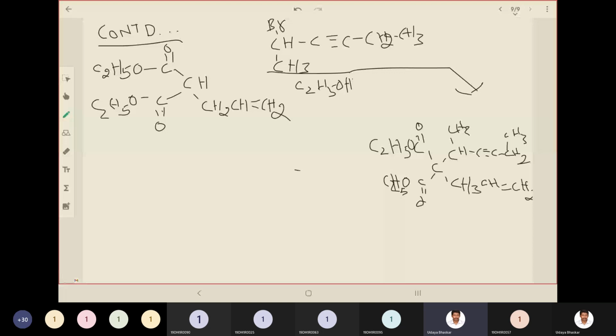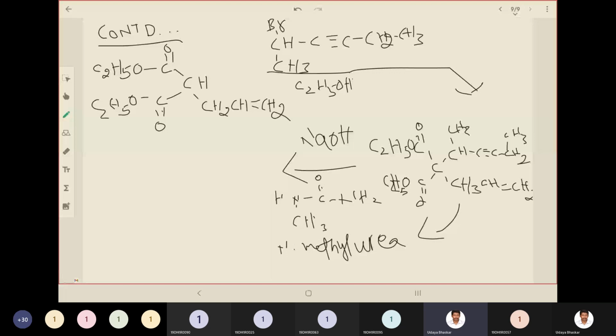The N-methyl urea and the intermediate get condensed and cyclized to get methohexital. Then the methohexital, as we have added sodium hydroxide, becomes the sodium salt, that is methohexital sodium.